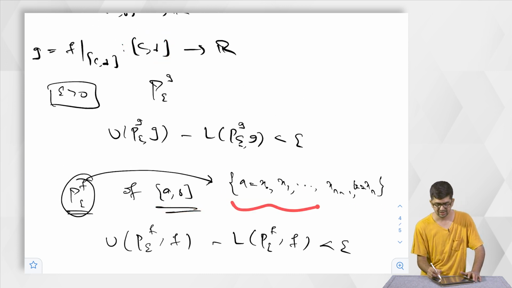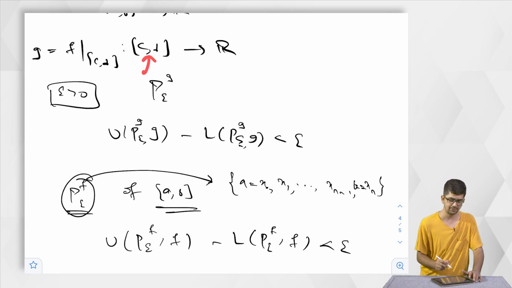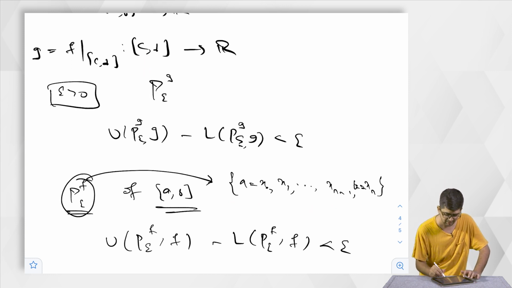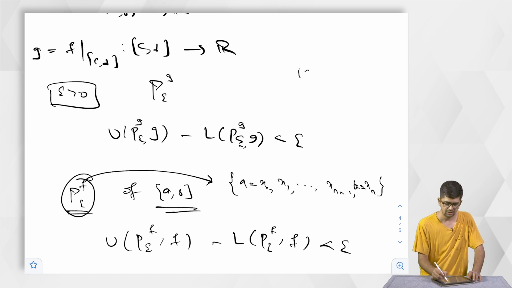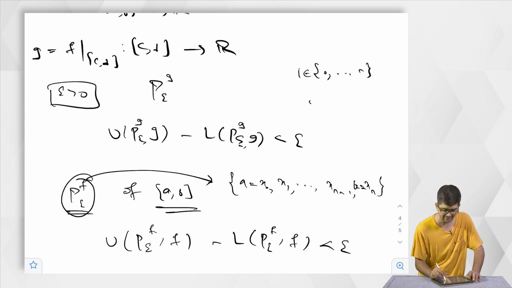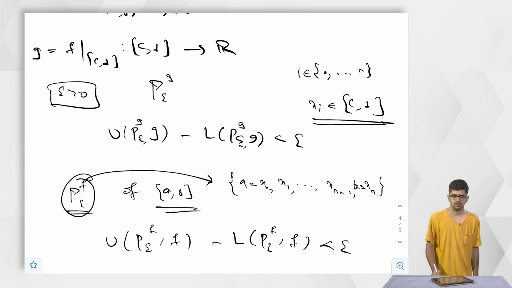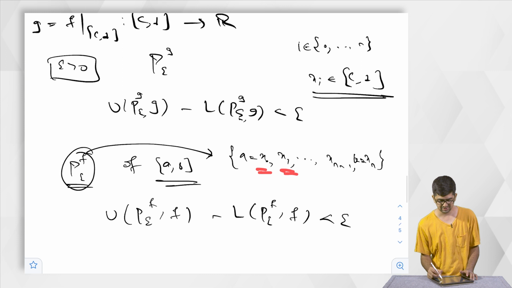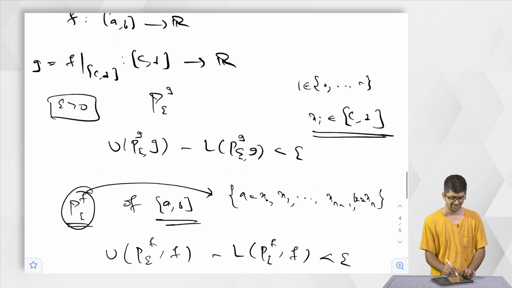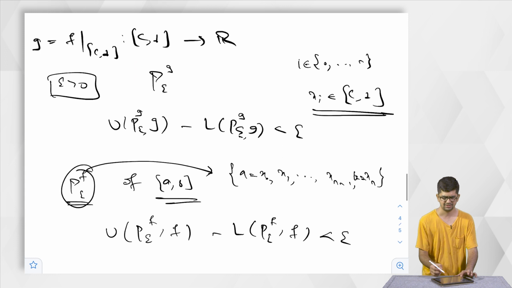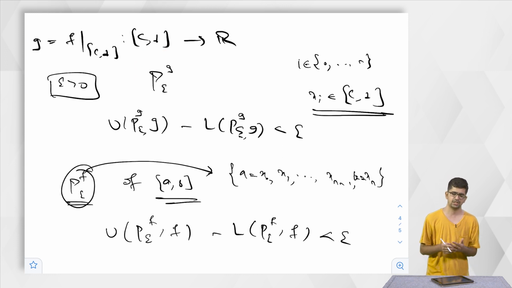So there may be elements here which are elements of this interval, in the sense there may be some i belonging to 0 to n such that x i belongs to c comma d. This possibility is there, or it may not be there. There are two cases: either all elements of this are outside c comma d, or there may be some elements that are inside c comma d. Let us do both cases one by one.